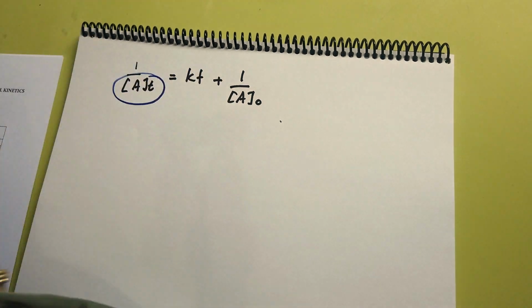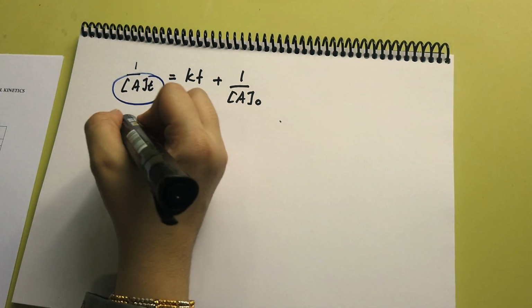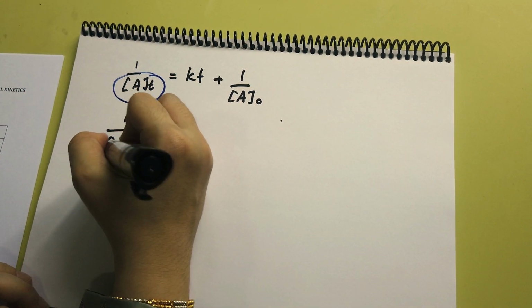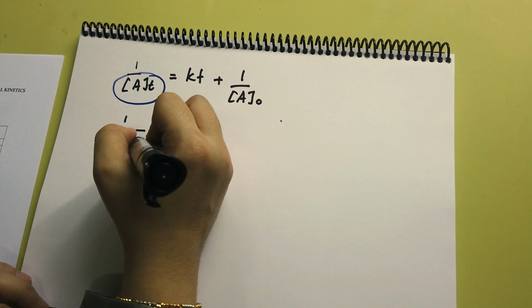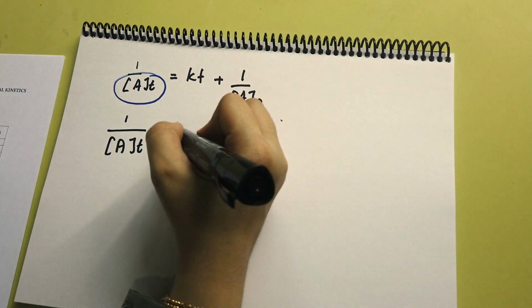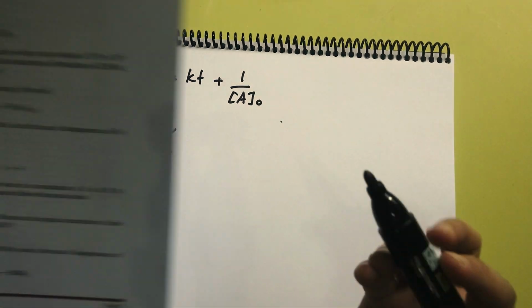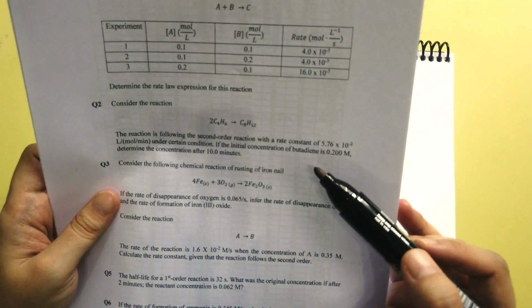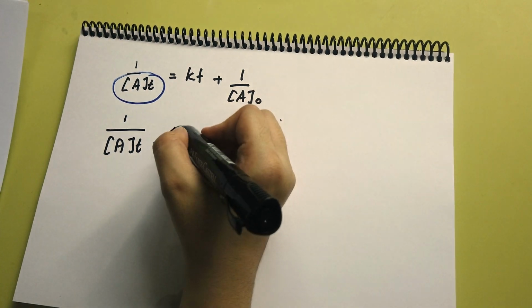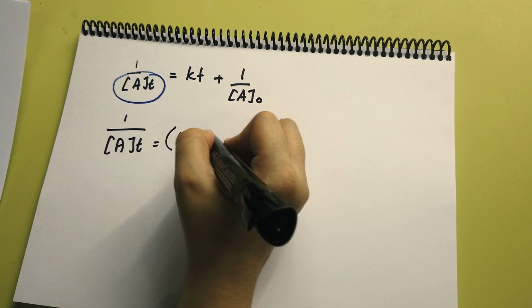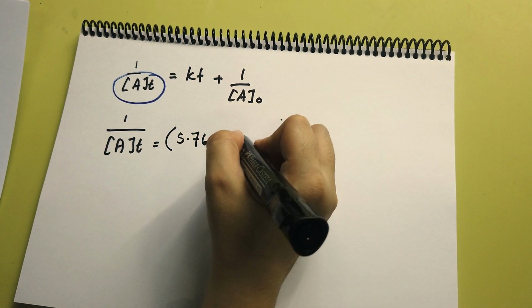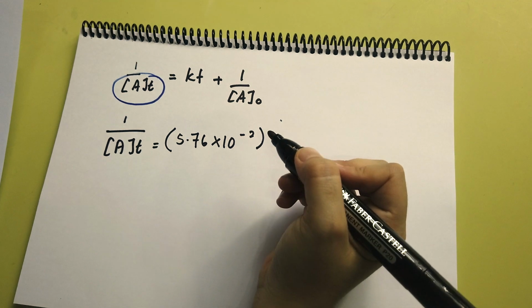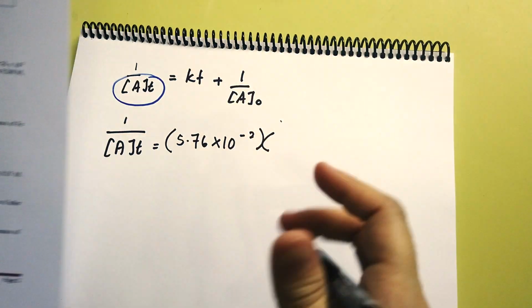So 1 over At is equivalent to k. What is your k? Given to you in the question, the rate constant, 5.76 times 10 to the power of negative 2. And your time, given also in the question, is 10 minutes.